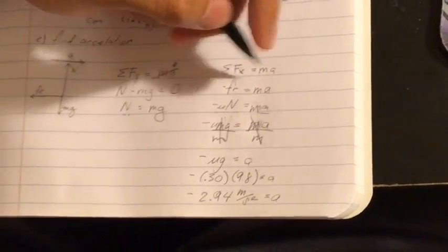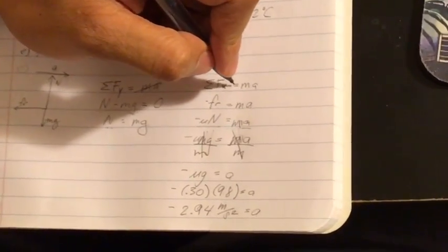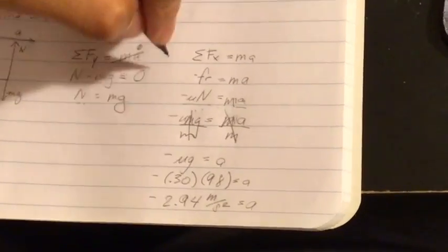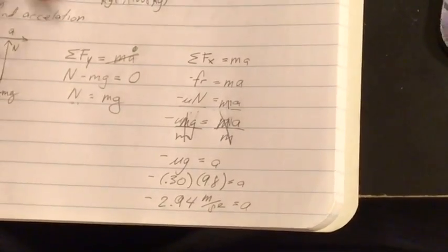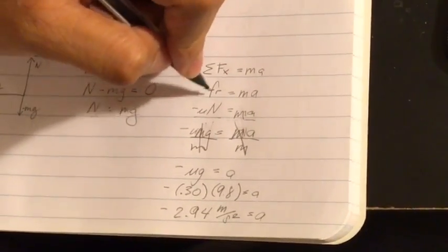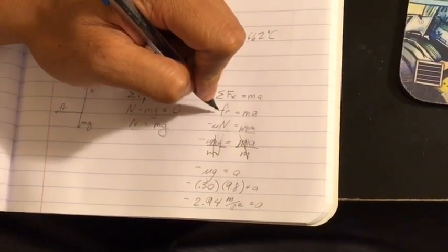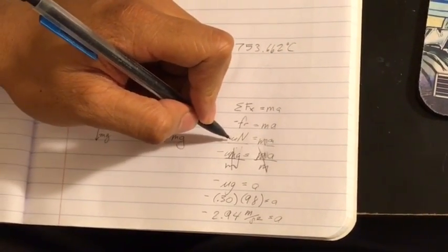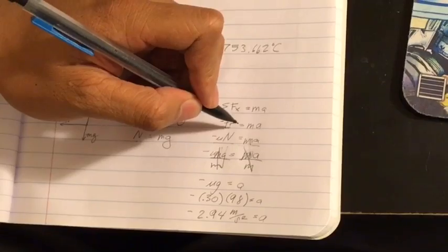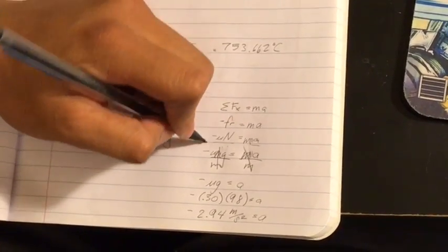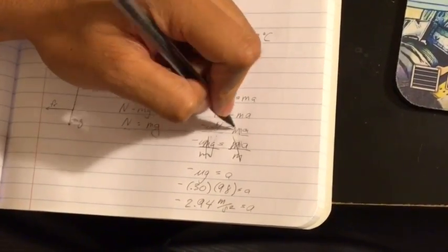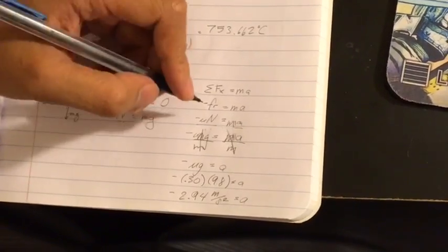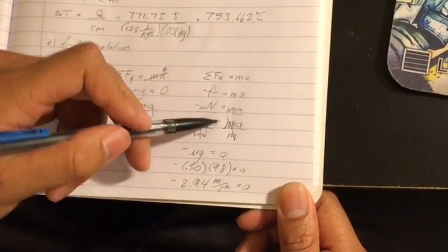Fx equals ma, and the only force we have on the x-axis is the negative friction. So negative friction equals ma, and friction is mu times n. We substitute that in, and then n equals mg.